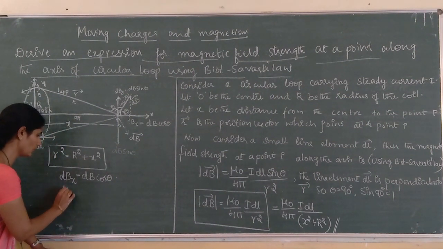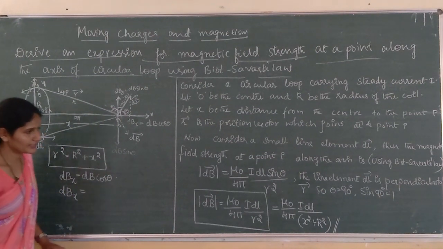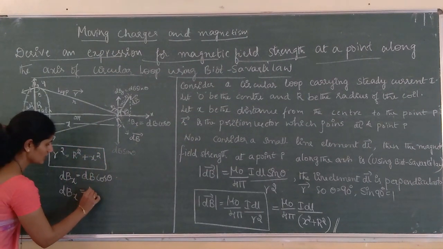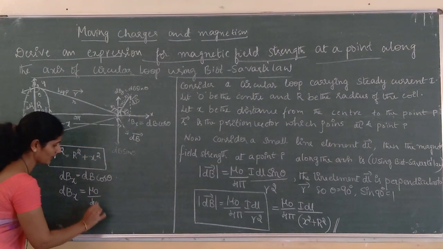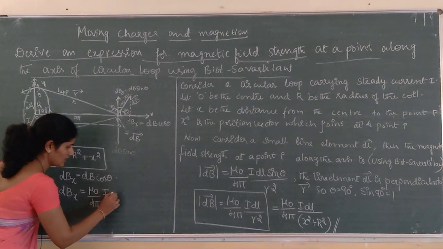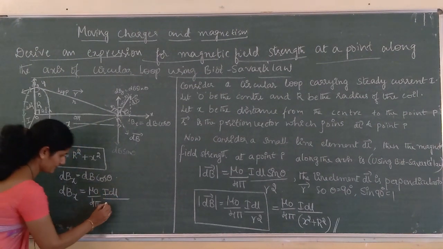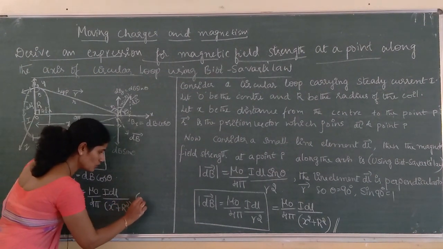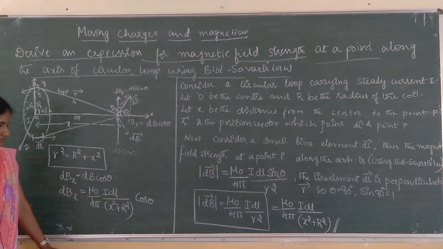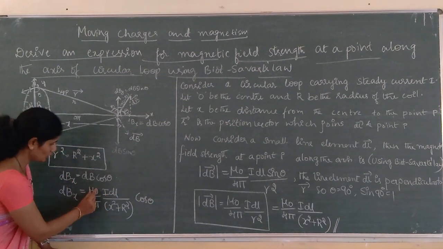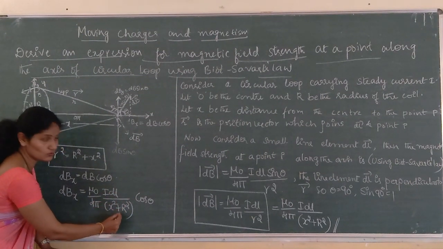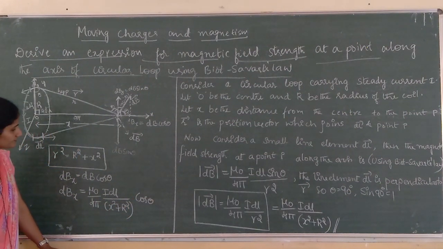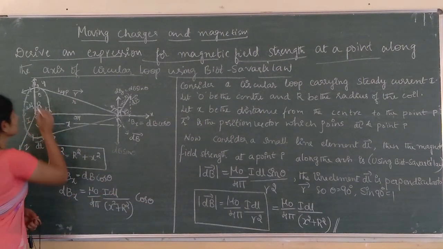So, dBx is equal to dB, magnitude of magnetic field, which is mu naught by 4 pi I dl divided by x square plus R square into cos theta, the cos component. Here theta means this angle.